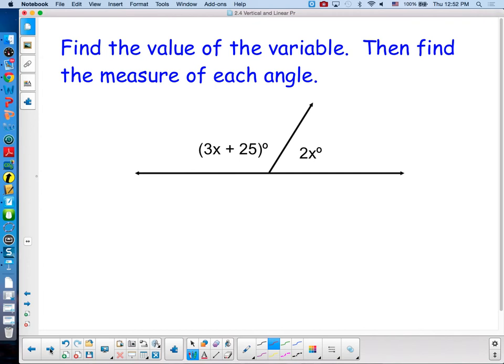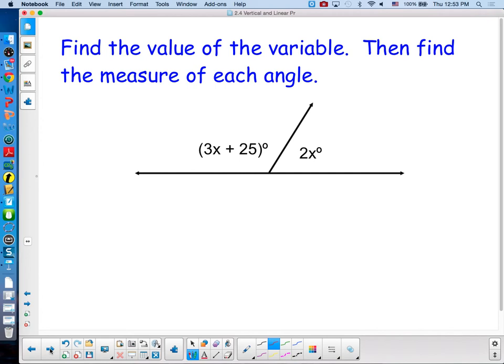You're right, 5x plus. Solve for x, and let's see if those two add up to 180. Now find the angles, let's see if that really worked.